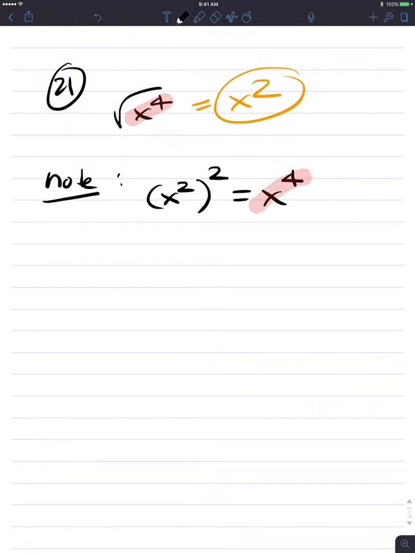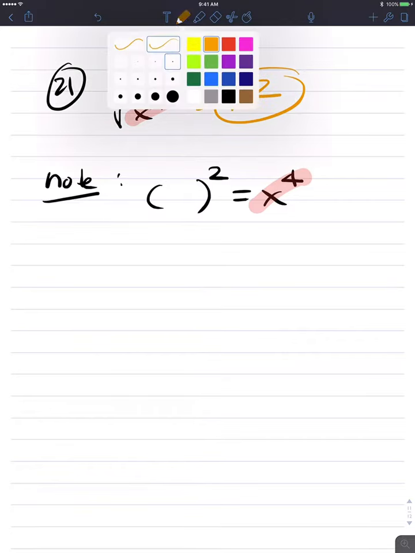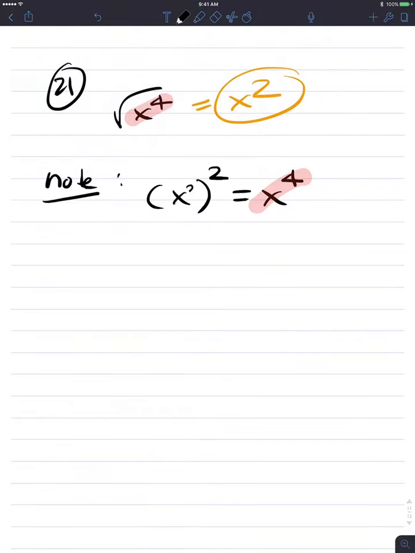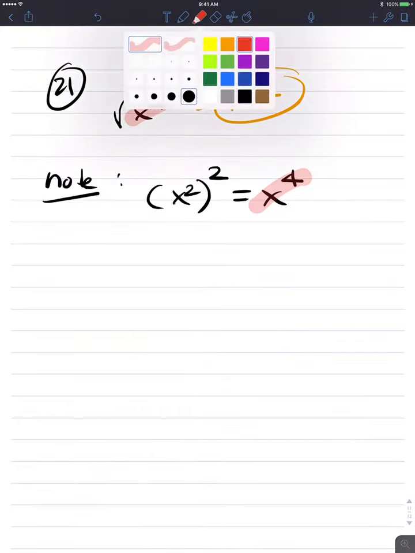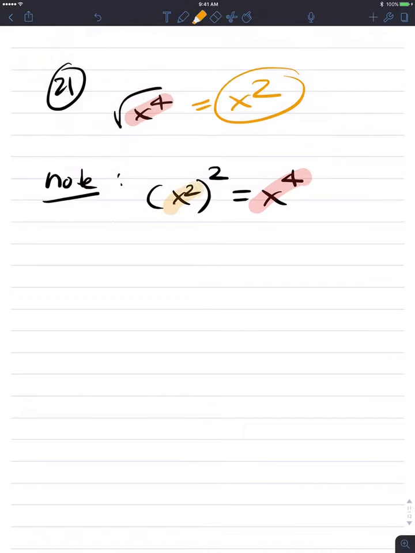So I'll know that simply taking x squared and raising that to the second power here, well, this is my base. So the square root of x to the fourth power is x squared. This is one way to look at this.